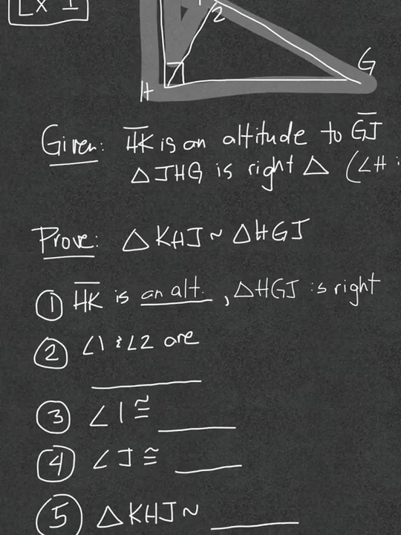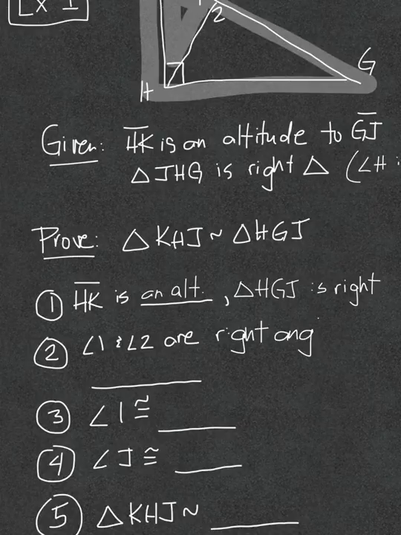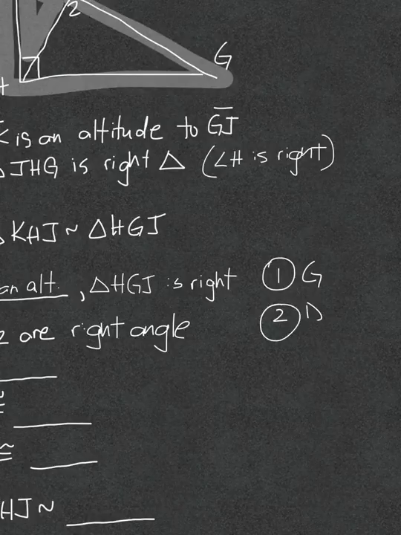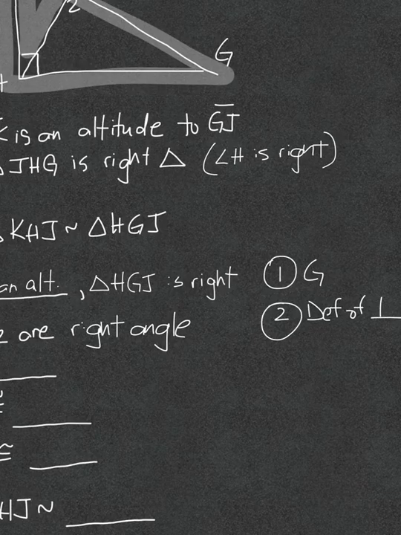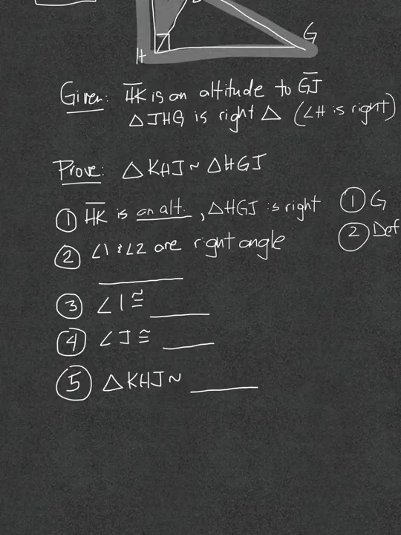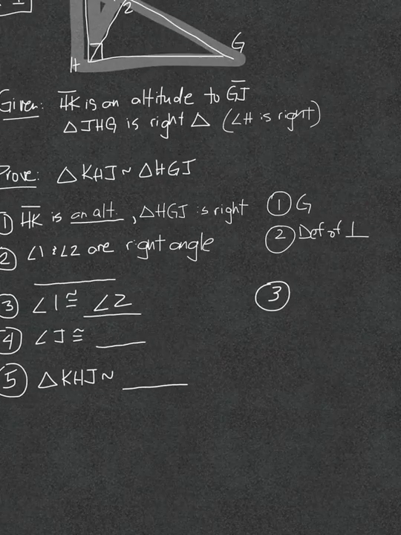Angle 1 and 2 are right angles. And that's the definition of perpendicular lines. Therefore, angle 1 is congruent to angle 2. I believe that is the right angle theorem.